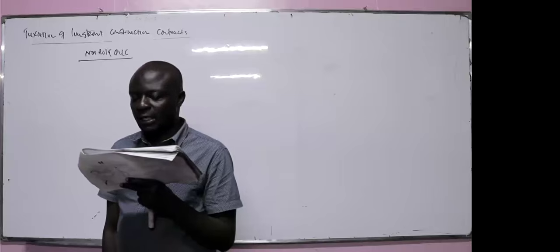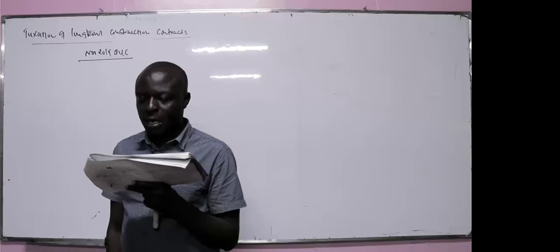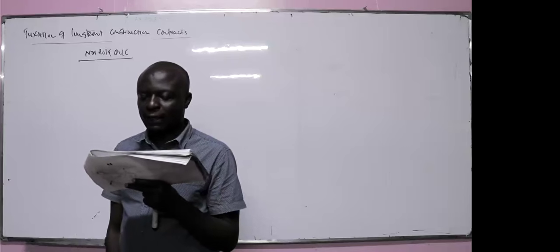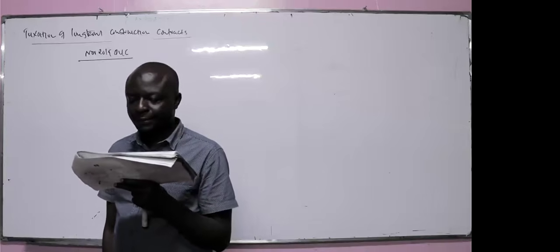Material, accrued salaries and wages, that is at the balance brought down. We have cost of work done, value of work certified to date.